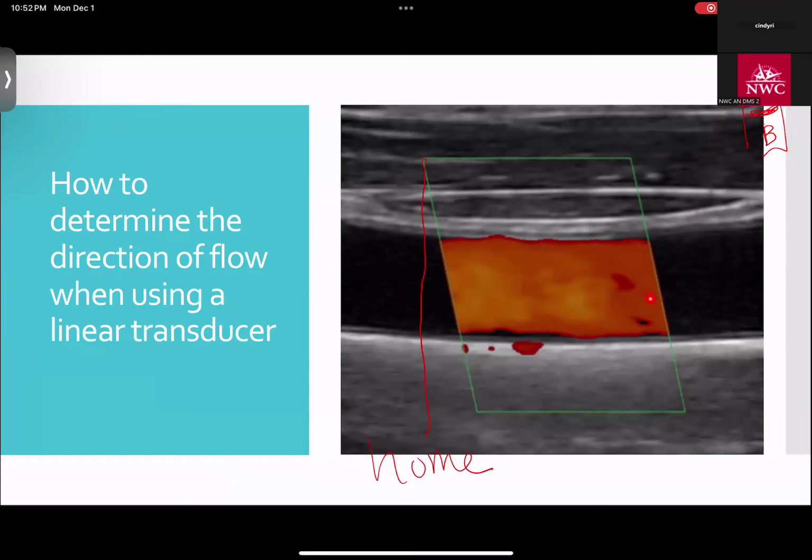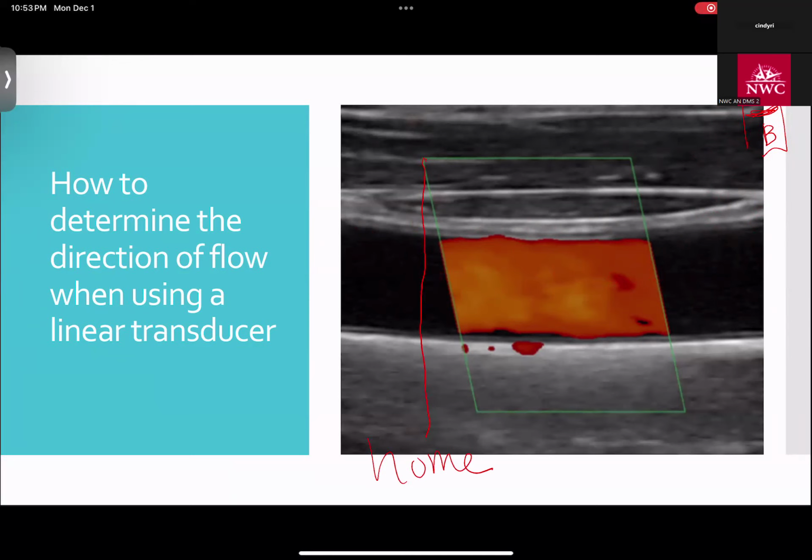So therefore, I'm going to slide my finger towards my home line. If I'm sliding my finger towards my home line, again, this is the right side of my screen and this is the left. The flow is going from the right side of my screen to the left simply because I'm going towards my home line.